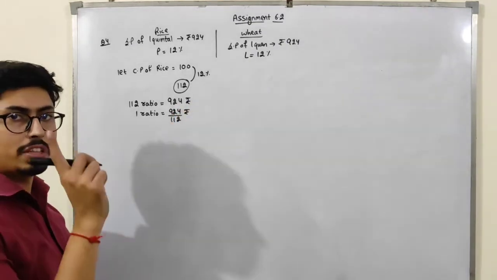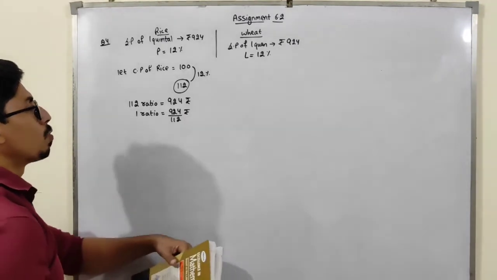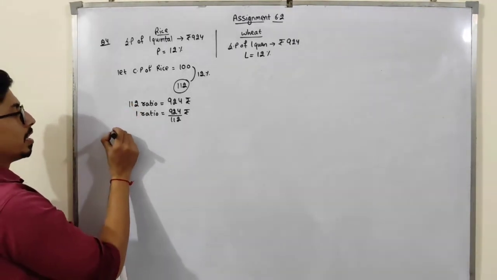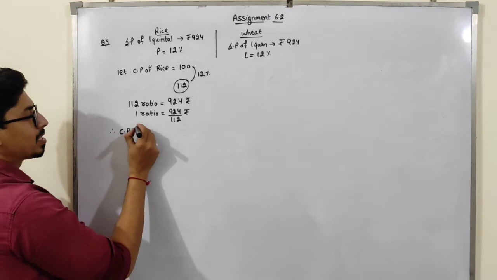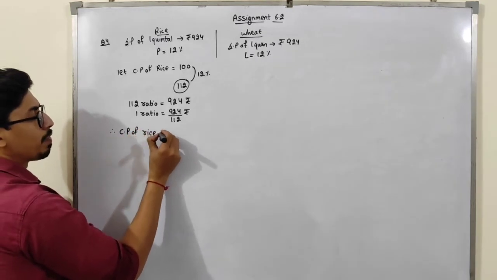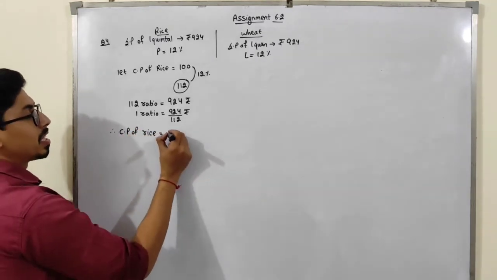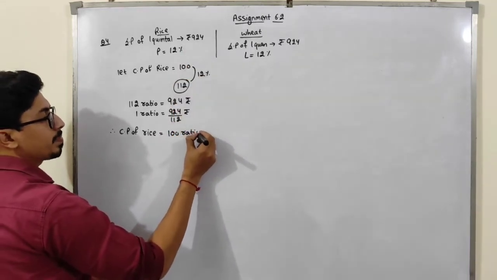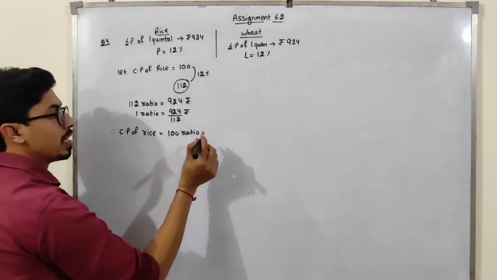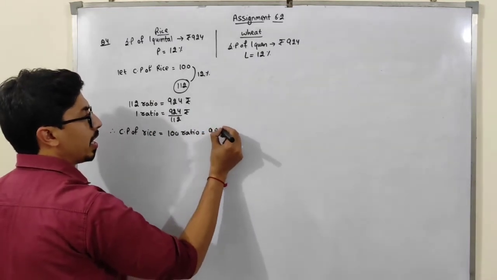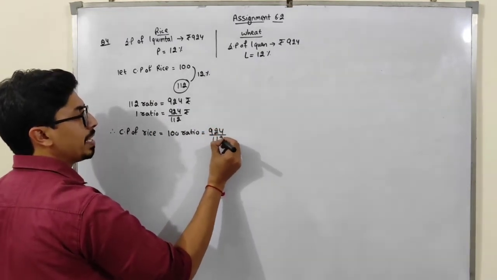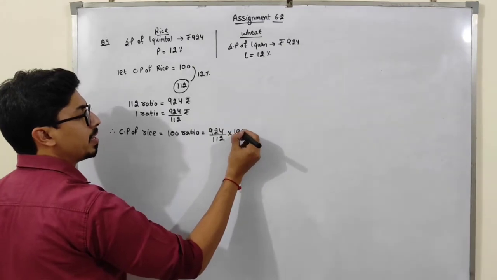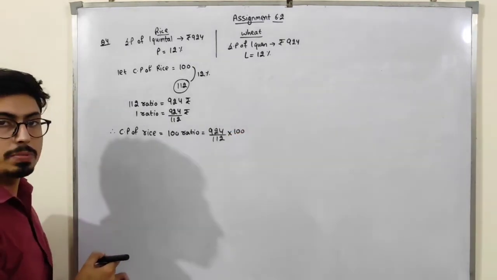In the first part, I have to find the cost price of rice. CP of rice is how much? It is 100 ratio because I have assumed it. If 1 ratio is this, I have to find the 100 ratio, so just multiply it by 100.